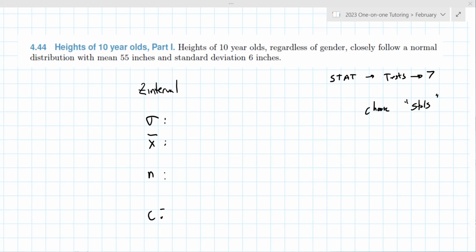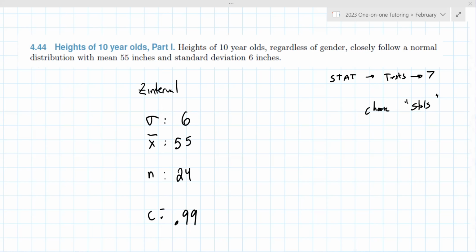So looking at the problem again here, what of these do we have? What do we not have? You have the mean and standard deviation, so you need the confidence level and the sample. Okay, so let's say we're going to sample 24 and we want a 99% confidence interval.